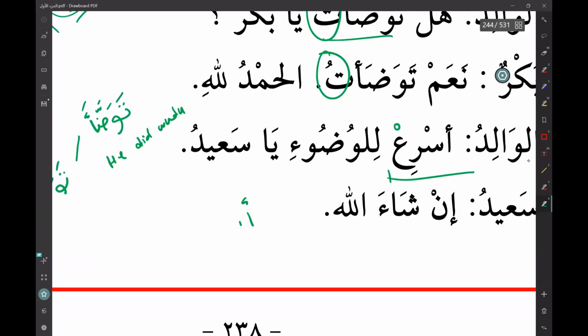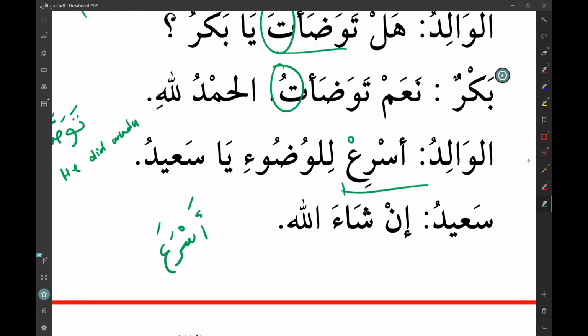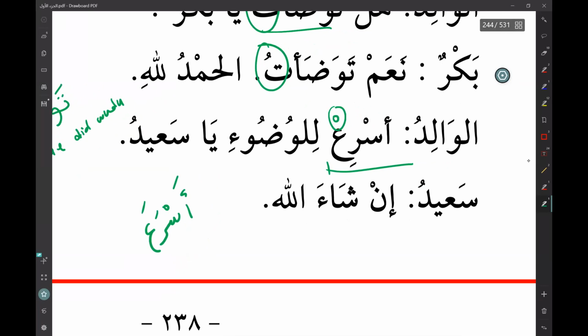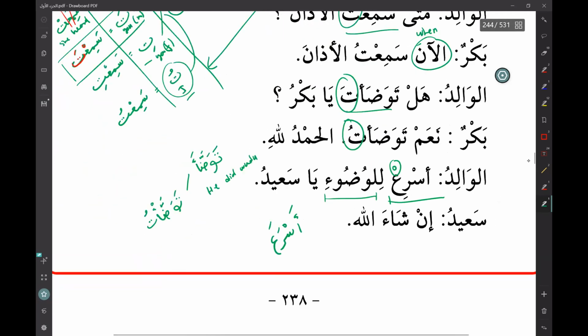The past tense is asra'a. So here this is a command verb. Remember the last time we said that the command verb usually has sukun at the end, and this is the case here. So asri' means to hasten, lil wudu. Now this one is a noun of the verb that we have here.